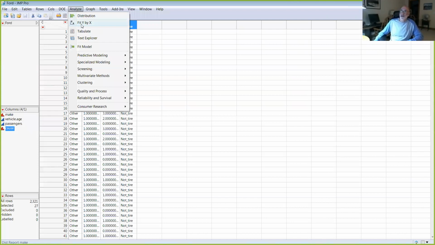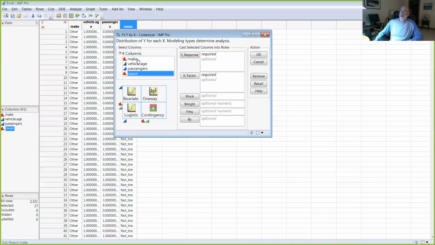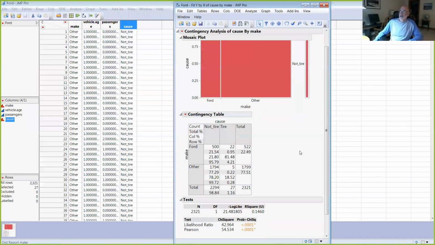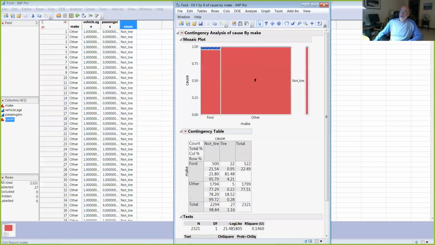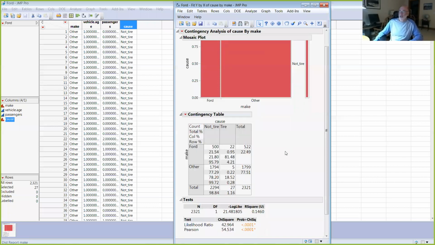If you just focus on those two variables, is tire related to which make of car it is, two nominal variables. It's a contingency analysis, chi-squared test if you like. Notice that you can see that visually there is a difference. A greater proportion of the Fords were involved in tire-related crashes than of other makes.